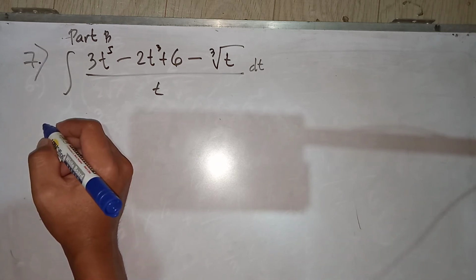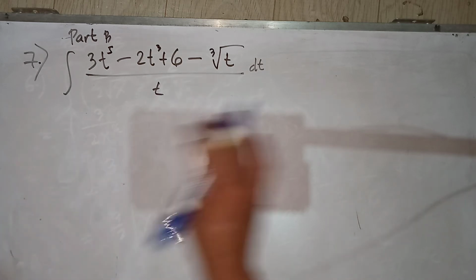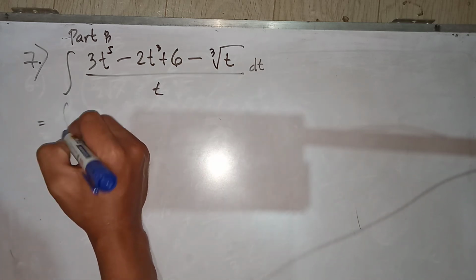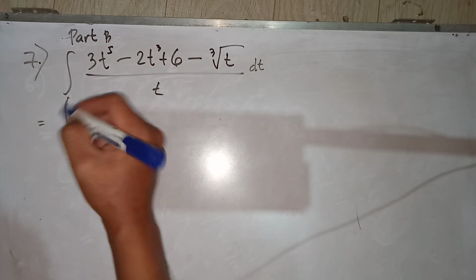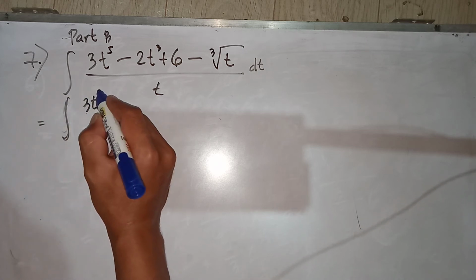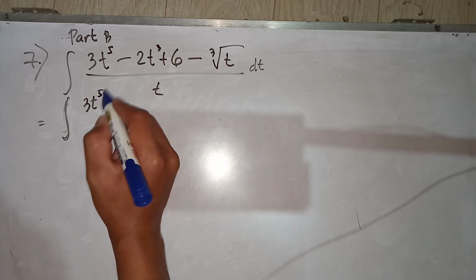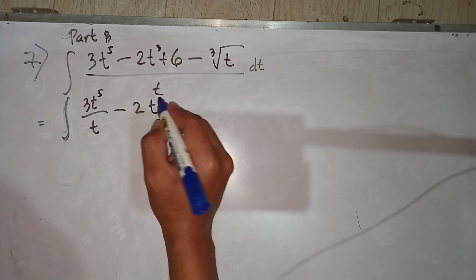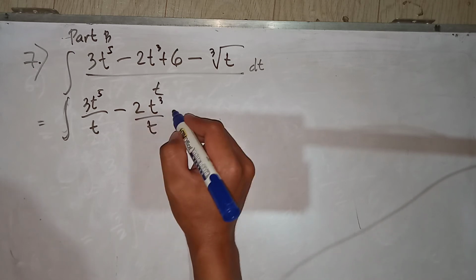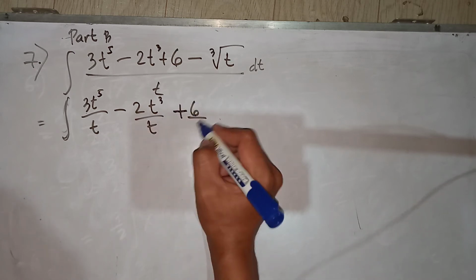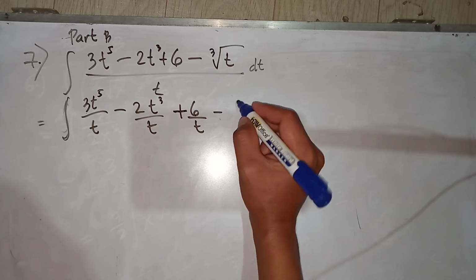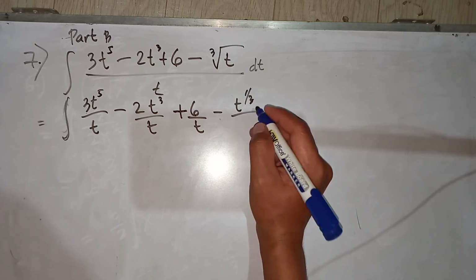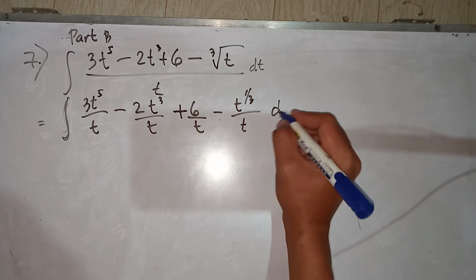So what I'm going to do is to write this whole thing as integration of 3t to the 5th over t minus 2t cubed over t plus 6 over t minus t raised to 1/3 over t dt.